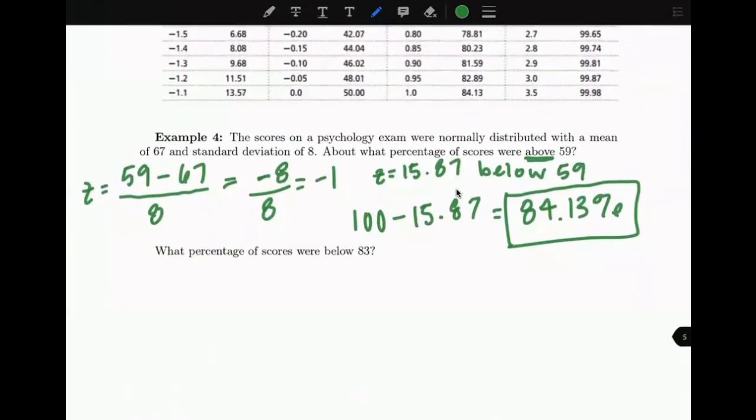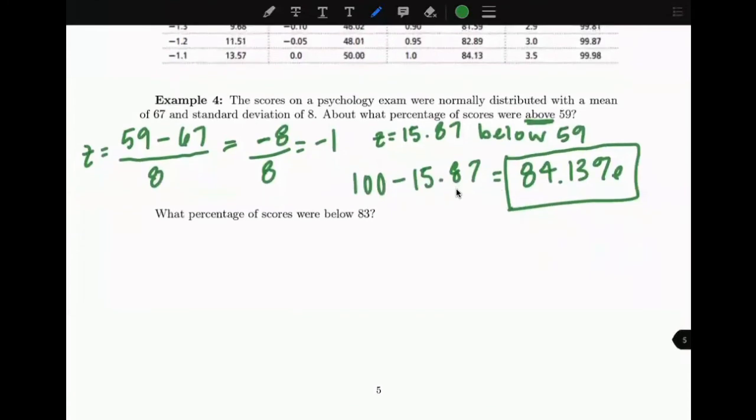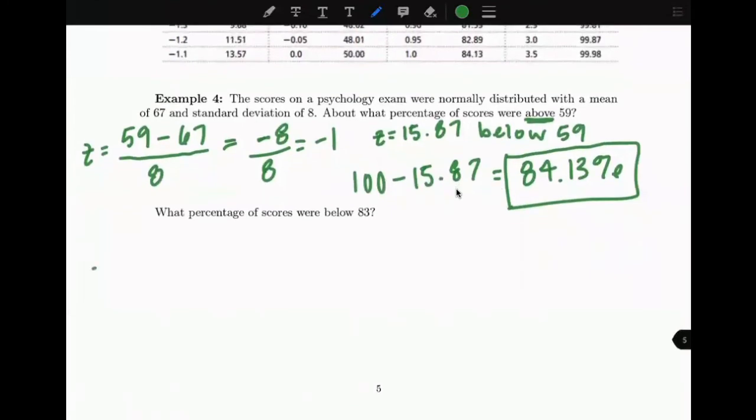What percentage of scores were below 83? So we'll have z equals 83 minus the mean, which is 67, divided by the standard deviation, which was 8. And then 83 minus 67 is 16. And 16 divided by 8 is 2.